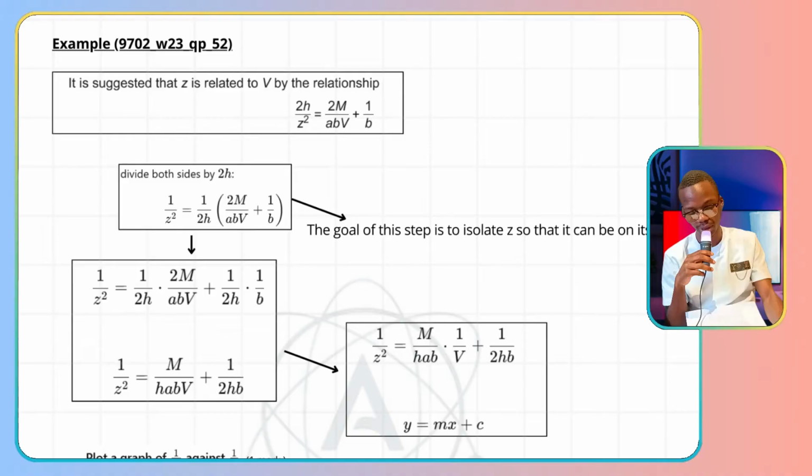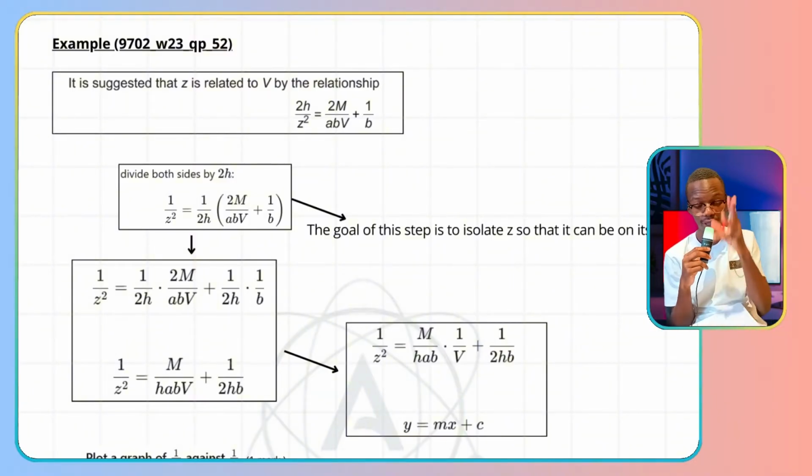A second example, you can see over there, I have 2h over z squared is equals to 2m over a plus b times v plus 1 over b. Again, you're thinking to yourself, z, which is the dependent variable in this case, is related to v by the following relationship, and v is the independent variable.